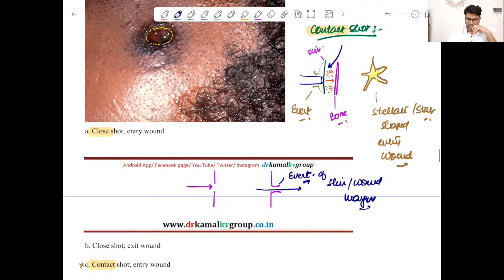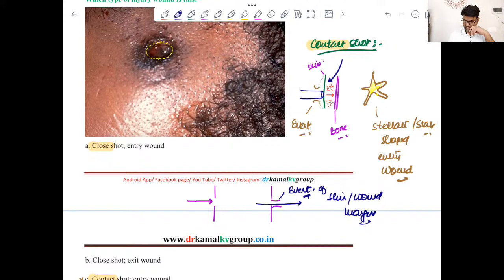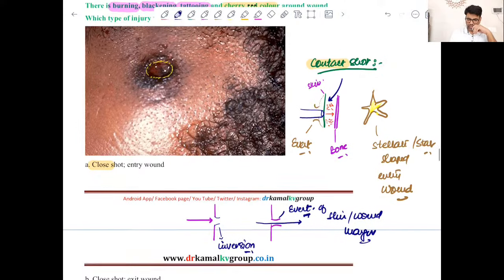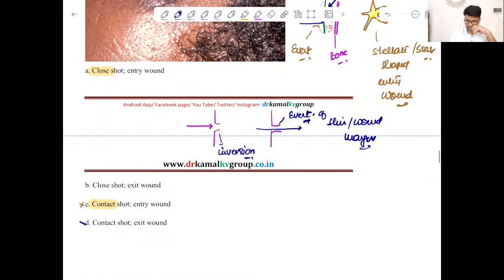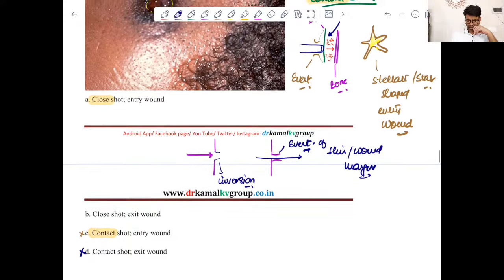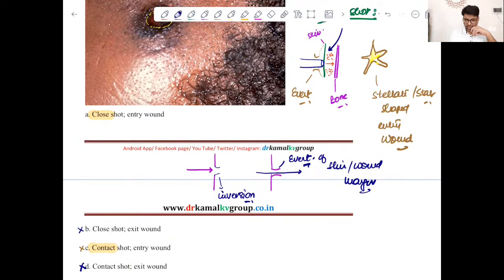So again in this image we cannot see any sort of eversion. Yes, there can be some possibility of inversion here. Now what does inversion mean? Inversion means the skin margins would be rolled inward. So that is known as inversion, right? So in this image it looks more like inversion rather than eversion. So we can also exclude the exit wound here. And based on the same concept, we can also exclude the exit wound of close shot.